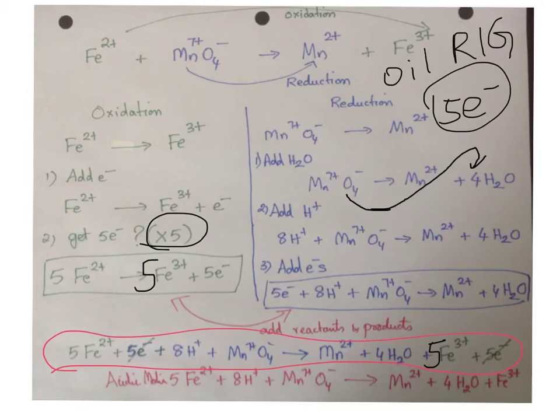That's great, but I have 5 electrons on this side, 5 electrons on that side, so I cross them off. So my final reaction in acidic media is 5 Fe2 plus, 8 protons, Mn7 plus, giving Mn2 plus, then 4 H2O, and yes, I should have had 5 Fe3 plus.